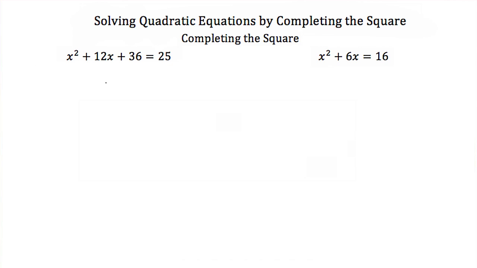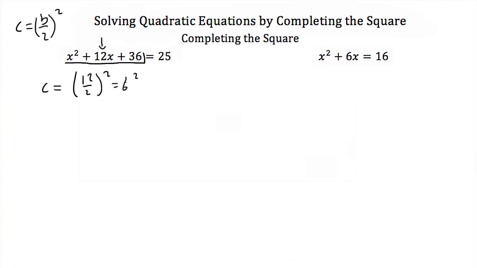So now that we know the relationship between our linear coefficient b and our constant term c, let's talk about completing the square. Now remember, c is equal to b over 2 squared if we have a perfect square trinomial. In our first example here, we have x squared plus 12x plus 36 is equal to 25. Well, this left-hand side here is a perfect square trinomial. If I plug in 12 for b, I'd get 12 over 2 squared, or 6 squared.